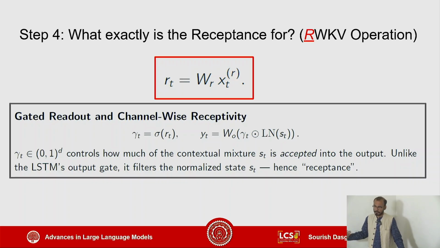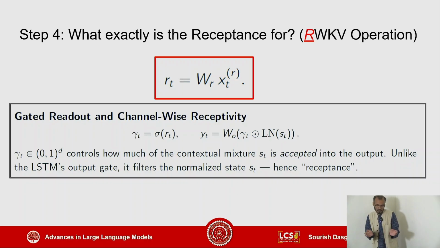The analogy of the update gate would be beta, and this is analogically what they have for output. It's basically a sigmoid on this RT, which means bringing everything into a percentage. And then you layer normalize. The LN is layer normalization.